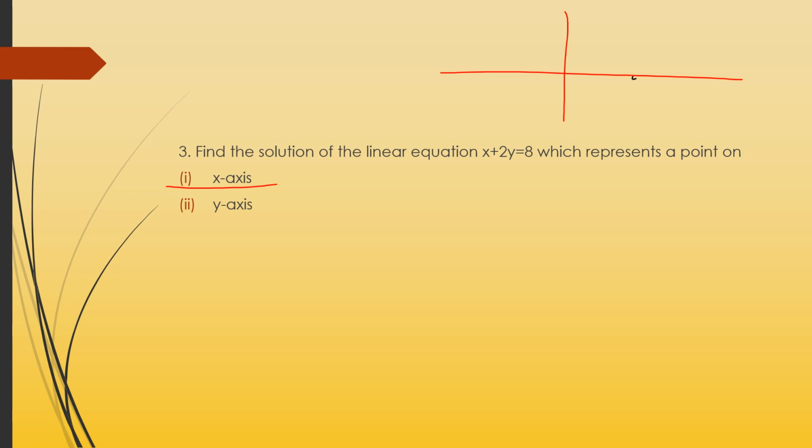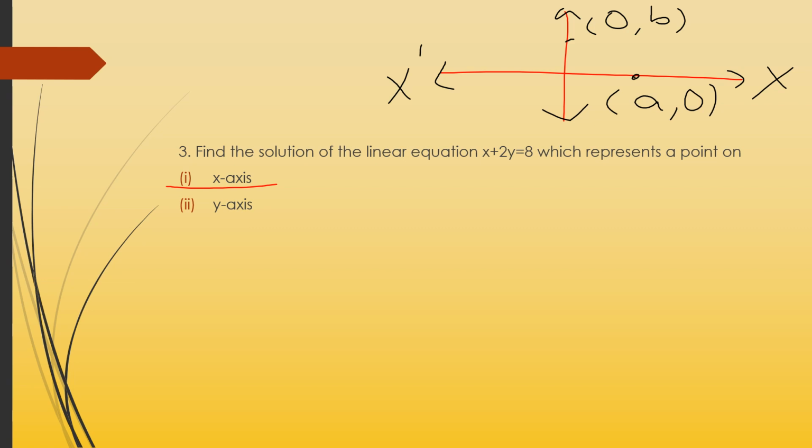If you remember or watched the video, the point on the x-axis will always be (a, 0), whereas the point which lies on the y-axis is always of the form (0, b), because the value of y is 0 on the x-axis and the value of x will be 0 on the y-axis. So find the solution.